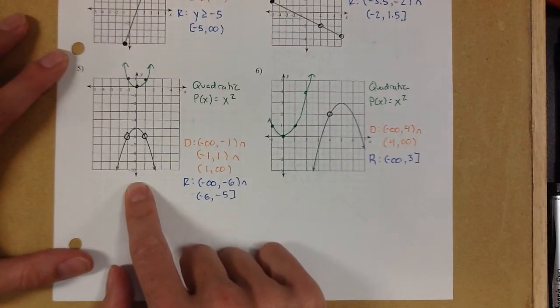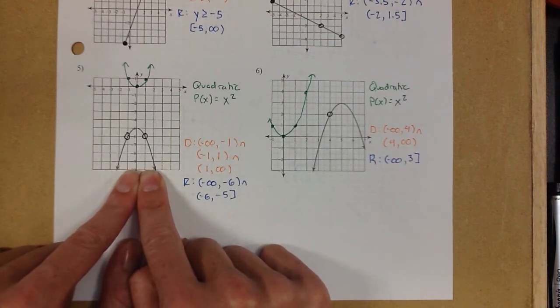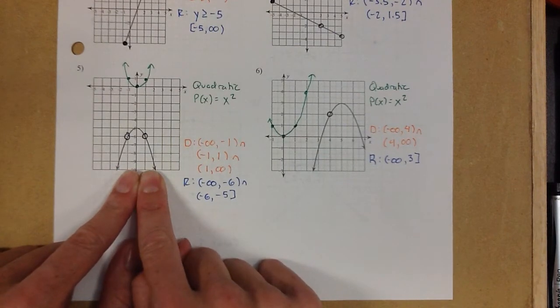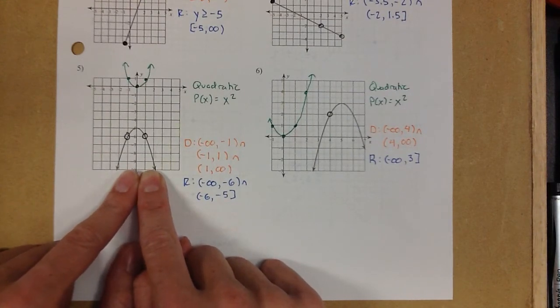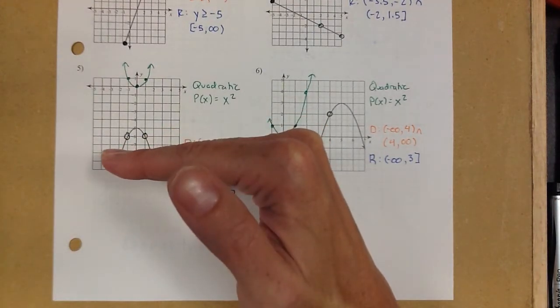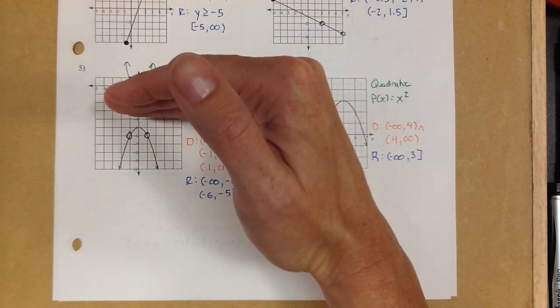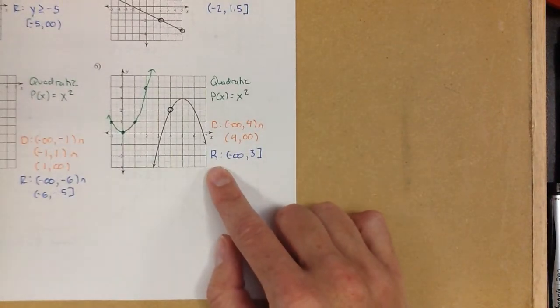So this one over here, if I took these two ends and squished them together, what would happen? There'd be a gap at negative 6. Okay? So we would start at negative infinity, we'd get to negative 6, we have to stop, jump over it, and then go up to negative 5. This one, we don't have to do that because it gets covered up. Everything's accounted for.